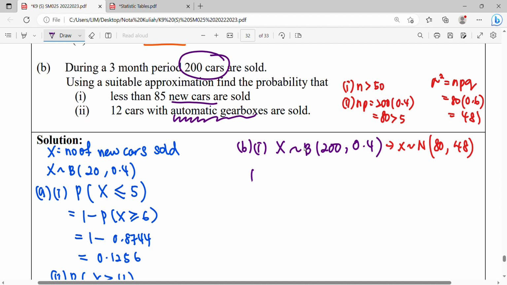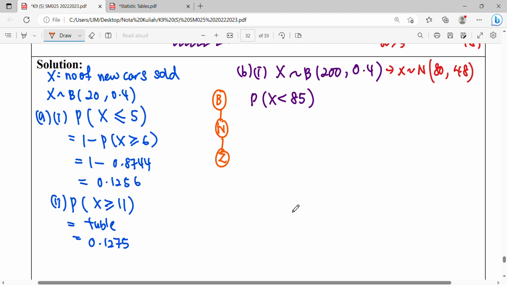Probability, you want less than 85 new cars. So start with our steps. We start from binomial, then we change to normal, then we need to standardize it so that we can draw and get the answer from the table.